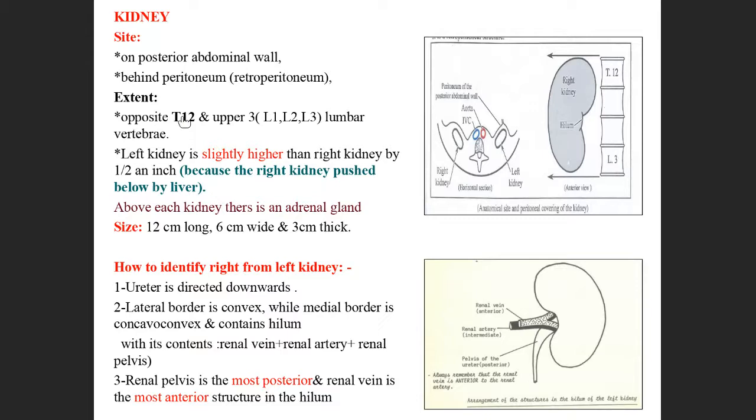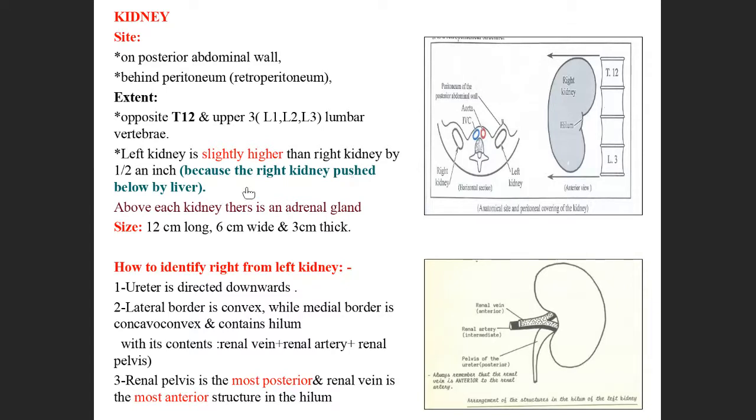Okay. The left kidney is slightly higher, in a higher position compared to the right kidney, because what is there on the right side? On the right side we have the liver. During development, the liver pushes the right kidney down because of its enlargement.